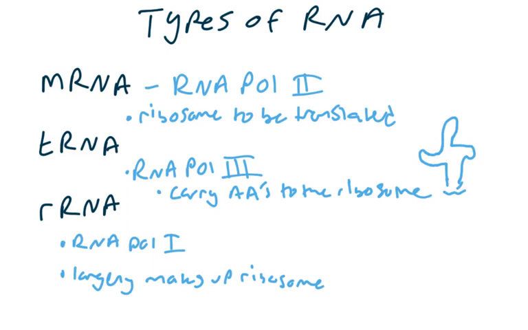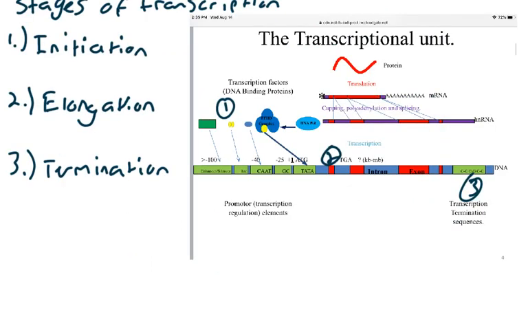So now that we've talked about the types of RNA, we're going to get into the different stages of transcription, what each of these stages does, and what the transcriptional units look like. The first step of transcription is what we call initiation. Just like everything else, our body's really good at regulating when we want to produce certain genes and when we don't. In order to produce certain genes through transcription, we need a few things.